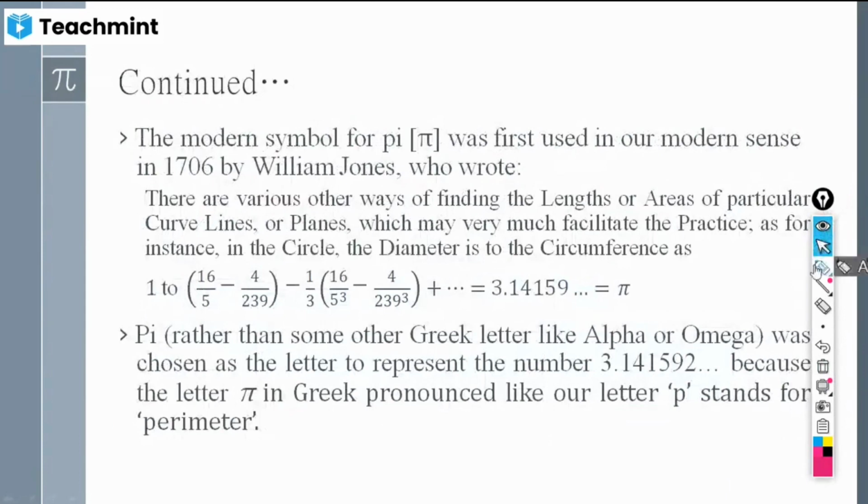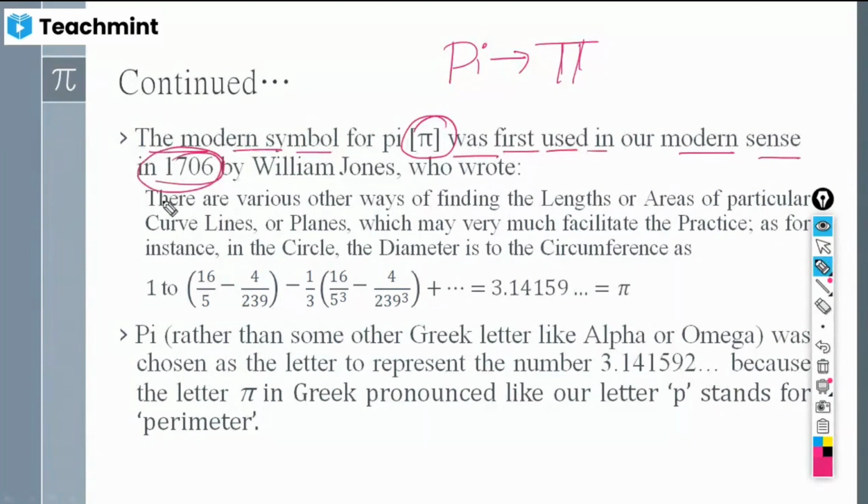Next, this modern symbol that we are writing for pi was first used in our modern sense in 1706. Before that we did not have a symbol for pi. It was given by William Jones in 1706.